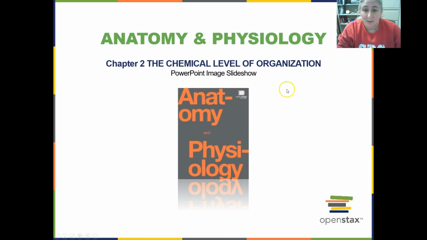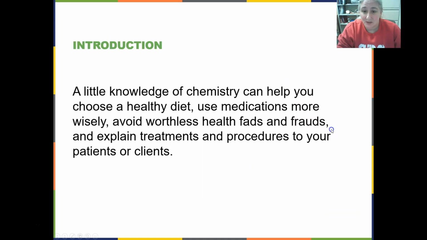So in this chapter we're going to be covering the chemistry of the human body. And I know a lot of people think, oh my gosh, I didn't want to take a chemistry class. This is not a chemistry class. It is anatomy and physiology. But without understanding the basics of chemistry, you're not going to be able to understand how reactions occur in the body, how homeostatic mechanisms occur in the body.